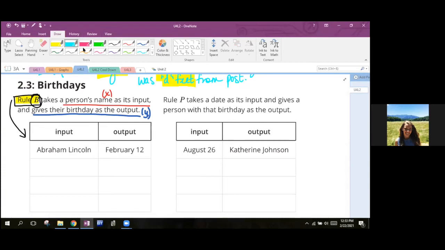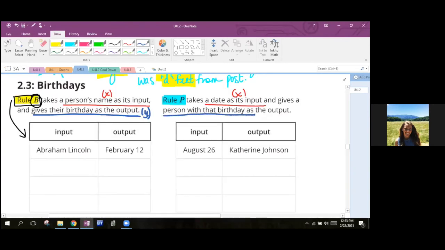Next one is rule P. It takes the date as its input, and it gives the person with that birthday as the output. So the name of this table is P. That's how we will distinguish between the two of them.